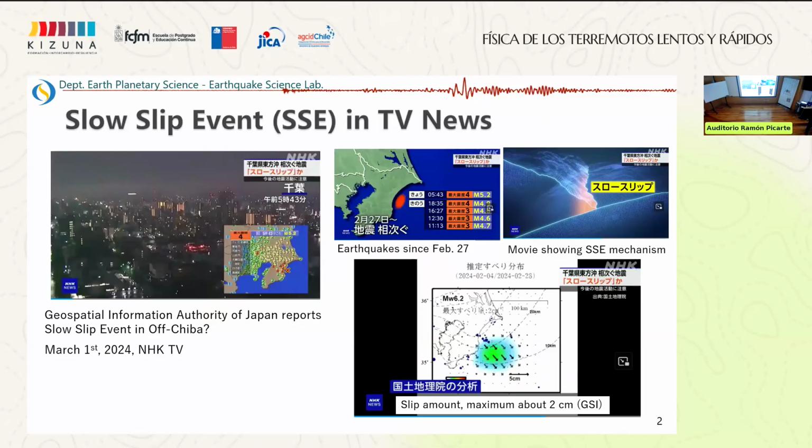And recently in Japan, this kind of slow earthquake, or one of its names, slow slip event, is broadcast even in daily news. This is ordinary news in Japan, national TV news. Last year, last March, we had a slow slip event nearby Tokyo.